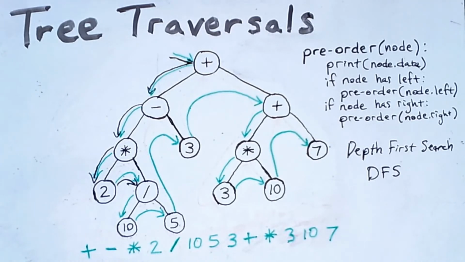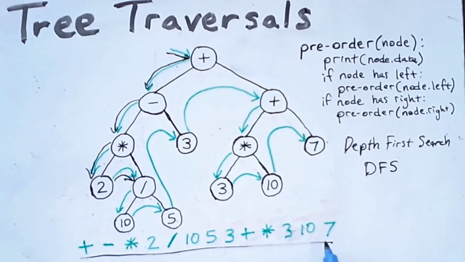Now, going back to mathematical expressions, you should know that if we have a way of generating a prefix expression, then we must also have a way of generating a postfix expression. And sure enough, we do. That will use a postorder traversal.